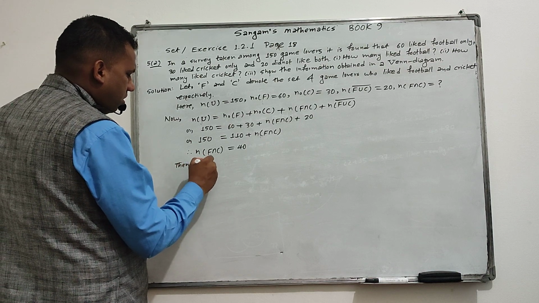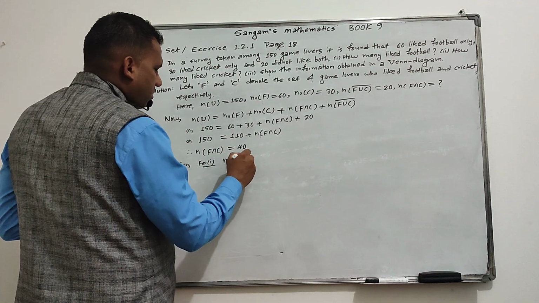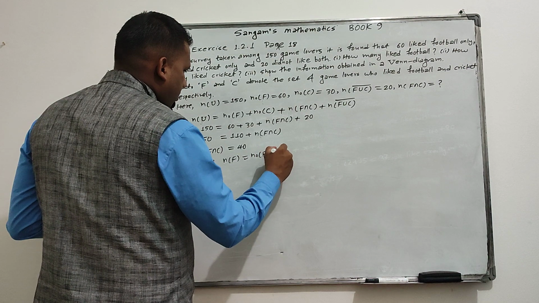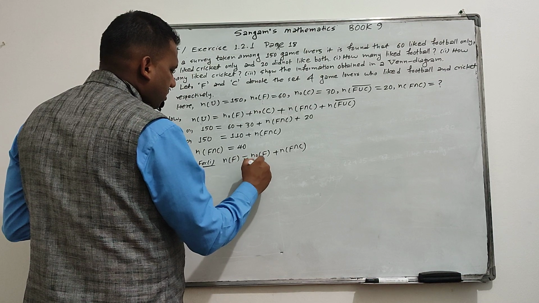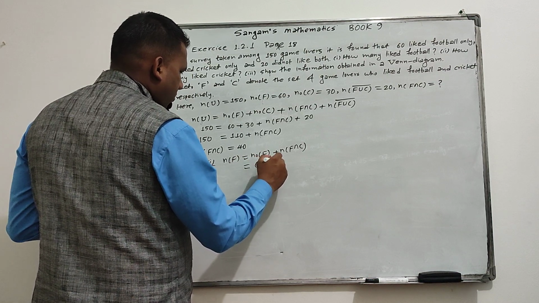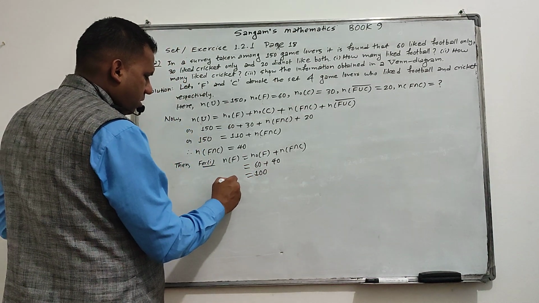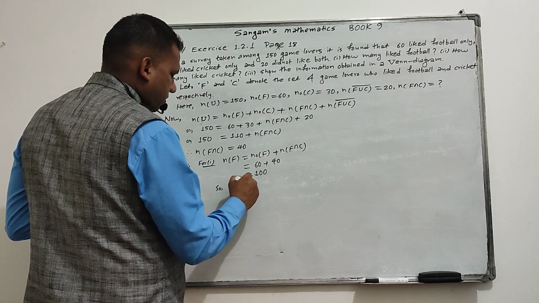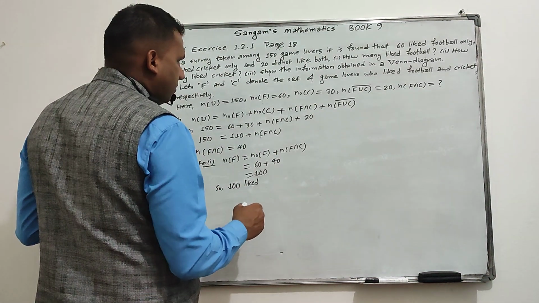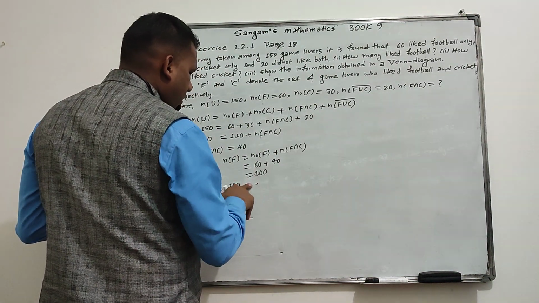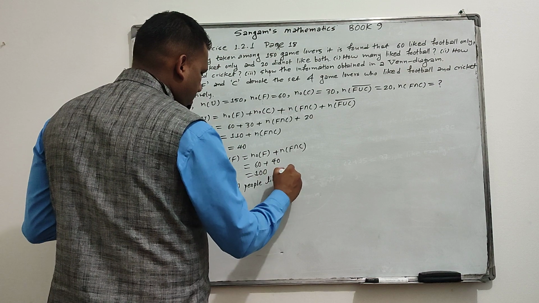Then, for 1, how many like football? That is, n(F) equal to n(only F) plus n(F intersection C) equal to 60 plus 40, that is 100. So 100 people like football.